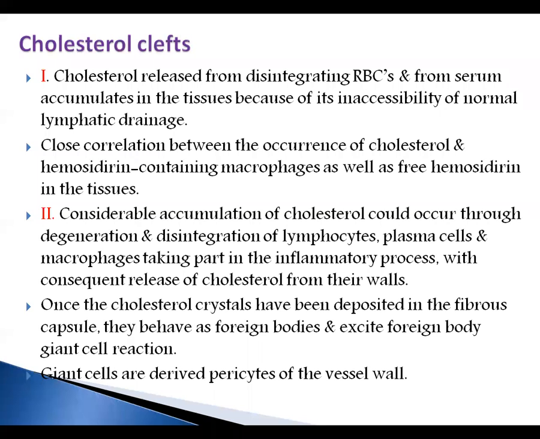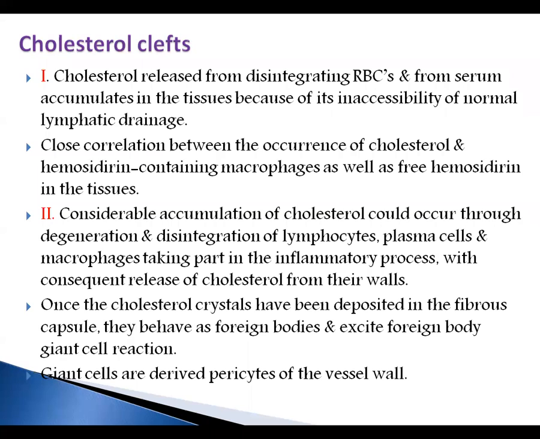There is a close relation between the occurrence of cholesterol and hemosiderin-containing macrophages as well as free hemosiderin in the tissues. Considerable accumulation of cholesterol could also occur through degeneration and disintegration of lymphocytes, plasma cells and macrophages taking part in the inflammatory process, with consequent release of cholesterol from their walls.